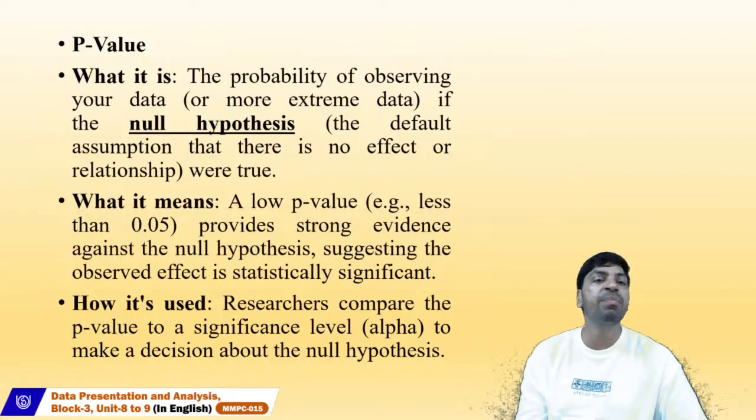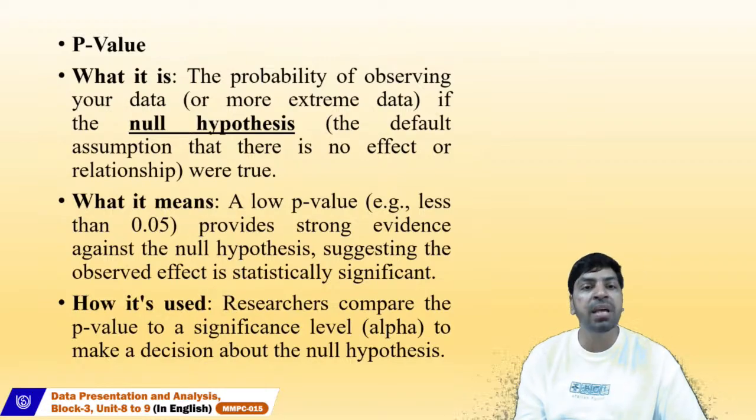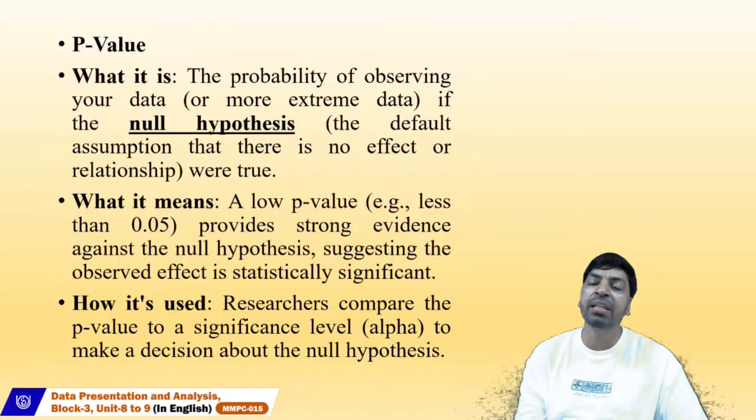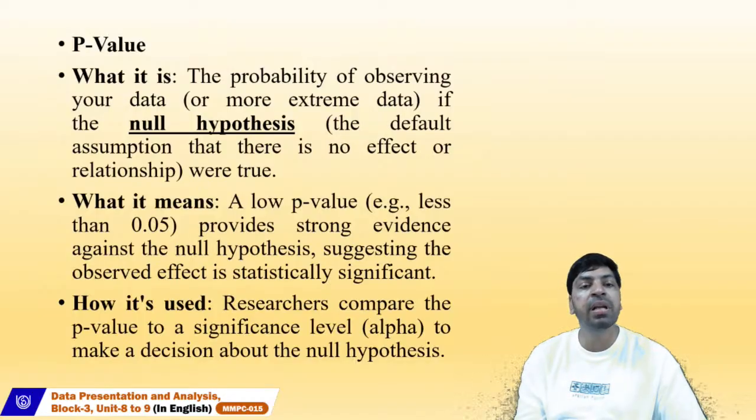The first one is the p-value. It is called a probability value: while observing the data, what could be the probability of your data, given the assumption of the null hypothesis, that there is no relationship, no difference between the means of two variables or two samples, being true or not.